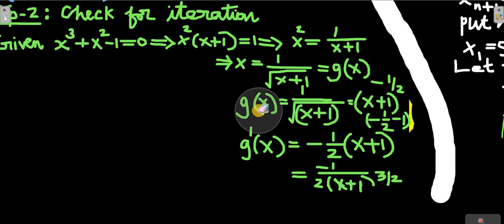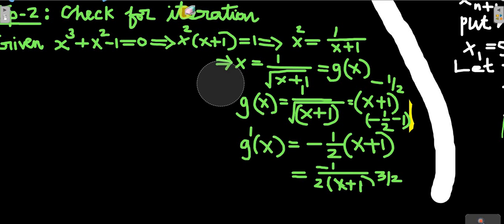So come back here. So now g of x is 1 by square root of x plus 1. That can be written like this. Now I am differentiating this. So differentiating this, we know about the differentiation formula.